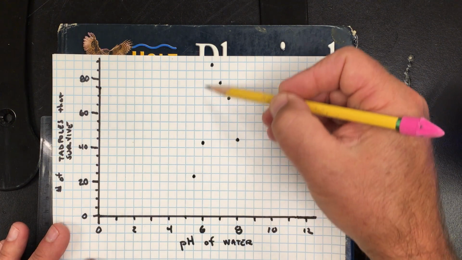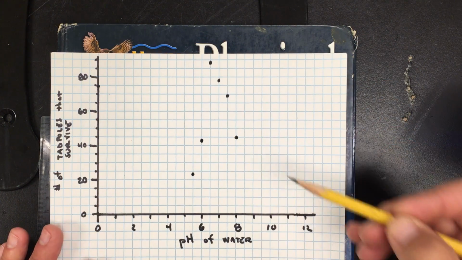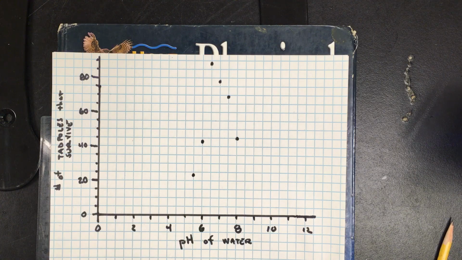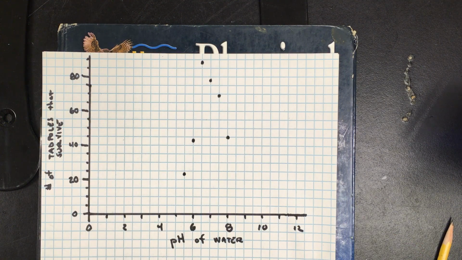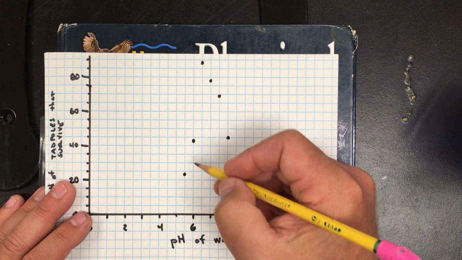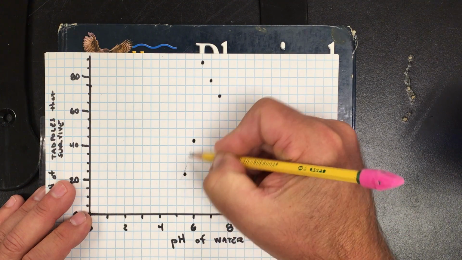So my pattern is going to kind of be something like this. Goes up and then comes down. So I'm going to try to make what we call a best fit line that kind of summarizes that data. What I usually do is I usually take my pencil and I kind of sketch a line like an artist would sketch a line.